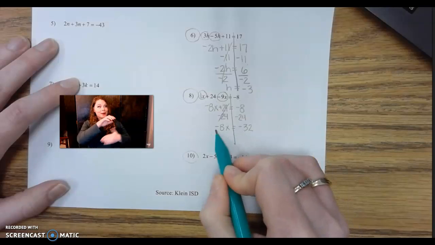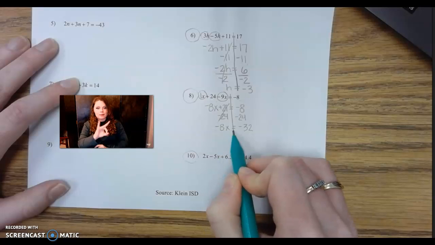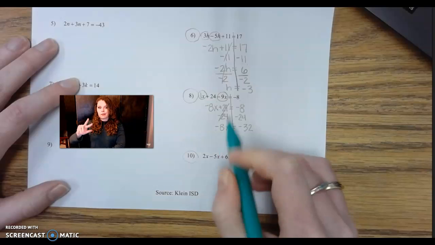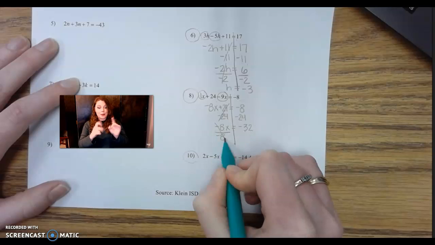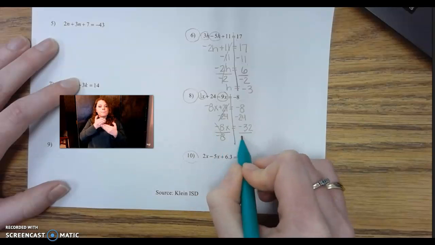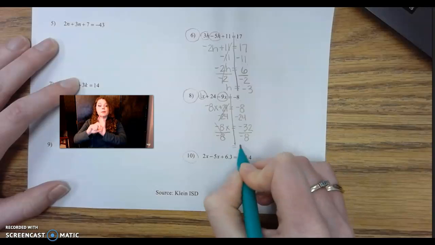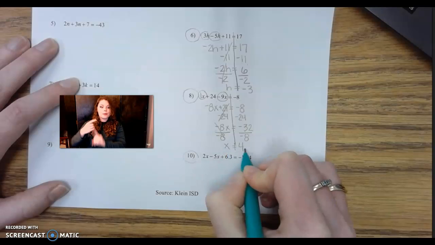This is negative 8 times x equals negative 32. The opposite of multiplying by negative 8 is dividing by negative 8. They cancel. And negative 32 divided by negative 8 is a positive 4. So x equals 4.